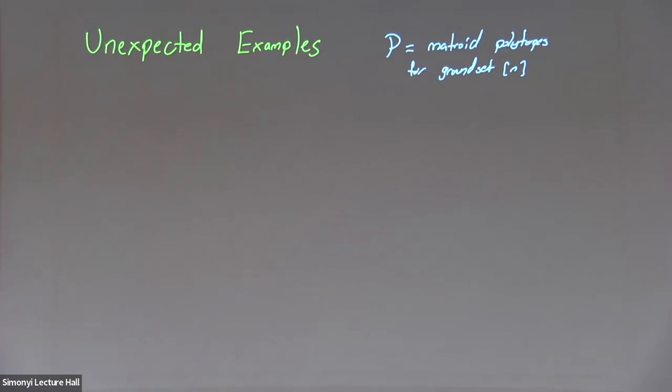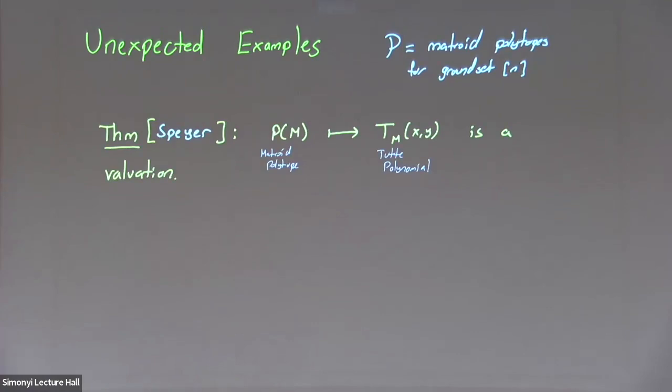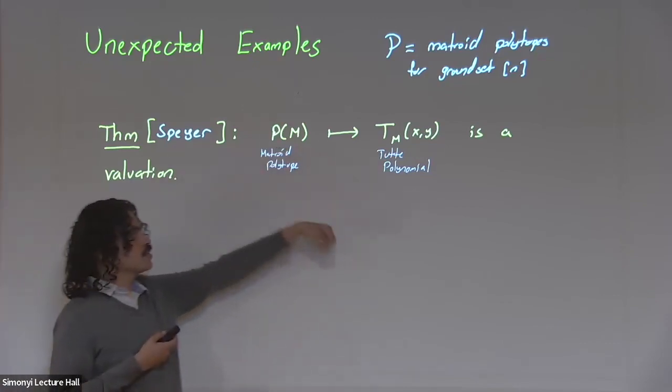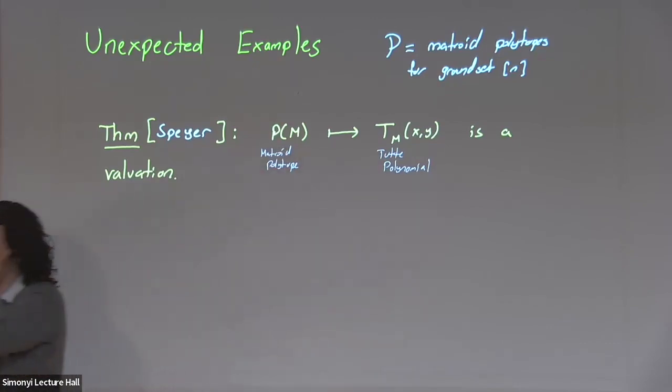And the first results that really started serious study of this is a very surprising result by David Speyer, in a paper on tropical linear spaces, where he shows that the assignment of the matroid polytope to the Tutte polynomial is a valuation. It was in a slightly different language than what I'm using, but it's equivalent.